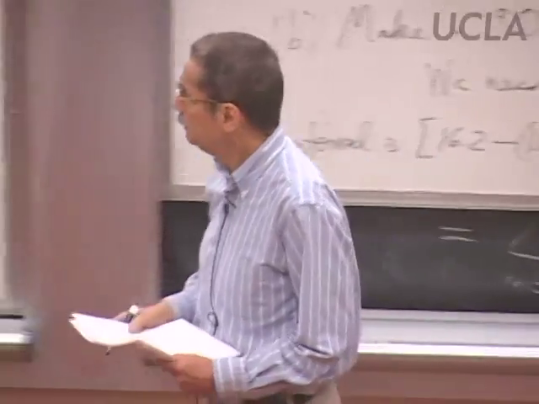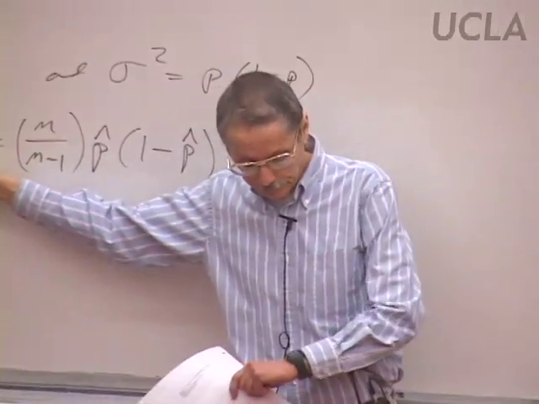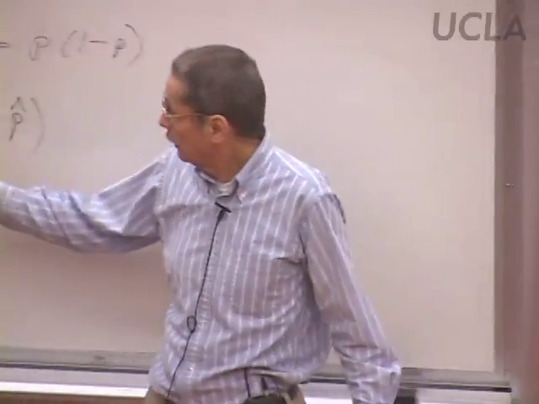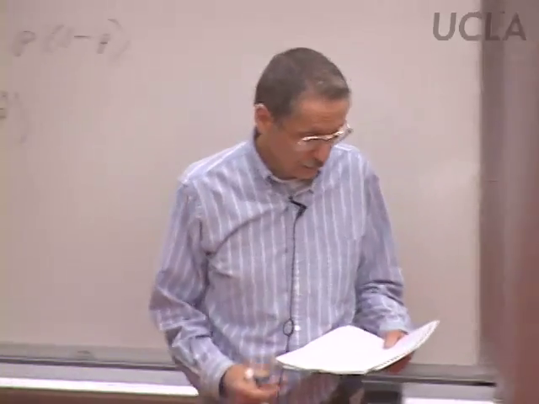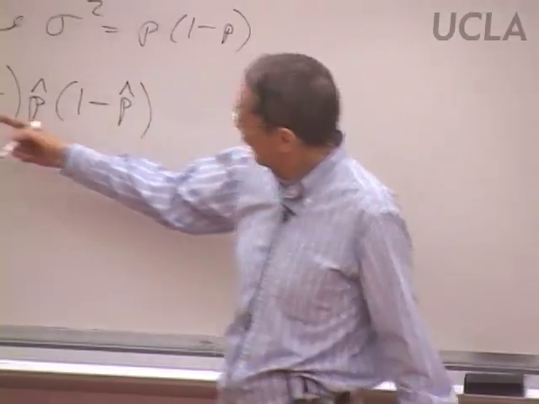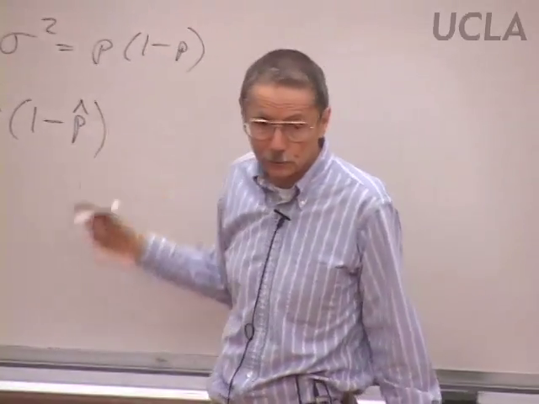Well, that's going to be close to 1, but if you start from our equation for s squared, in this case, we end up here. So s itself, the sample standard deviation, is going to be the square root of this.